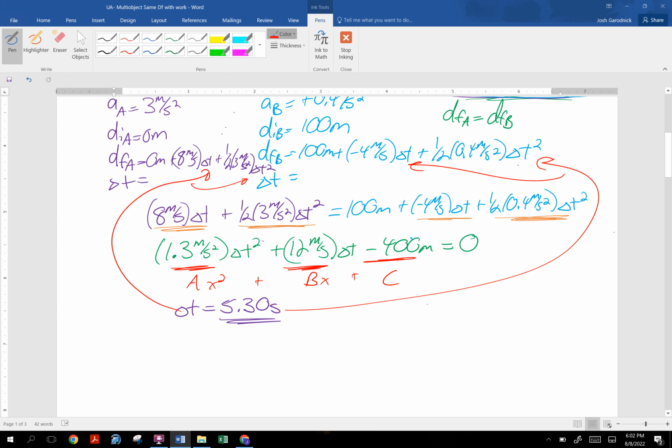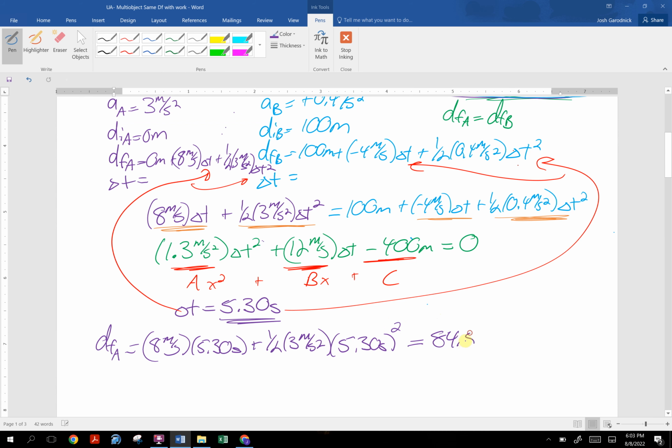So you get the final position of A is equal to 8 meters per second times 5.30 seconds, plus 1/2 3 meters per second squared times 5.3 seconds squared. I'm just letting you know that it was like 29 something, so I rounded it to 30. Don't forget to square. And I get that the final position of A is 84.5 meters.